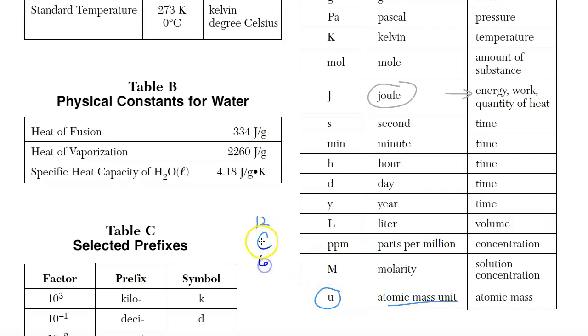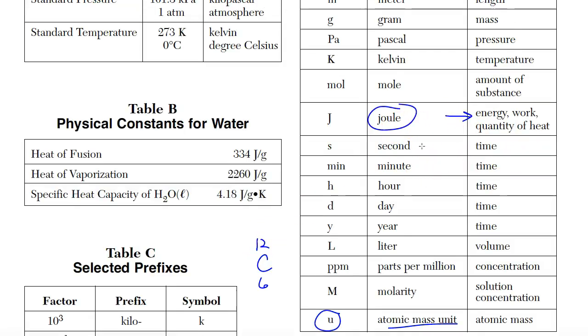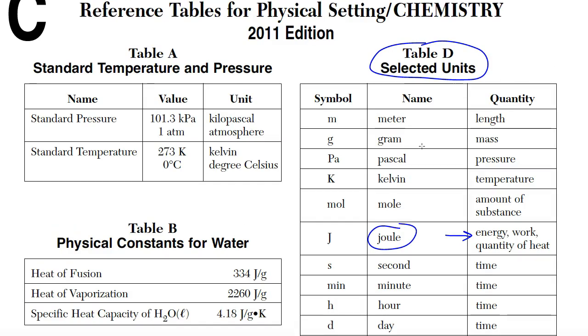Why? Because these are protons and neutrons, and protons and neutrons have the same mass, so they have 12 units of mass. All the mass of the atom is due to the protons and the neutrons combined. So that's where you could have looked for a unit if you weren't sure, and you probably have never used that table before, and now you know.